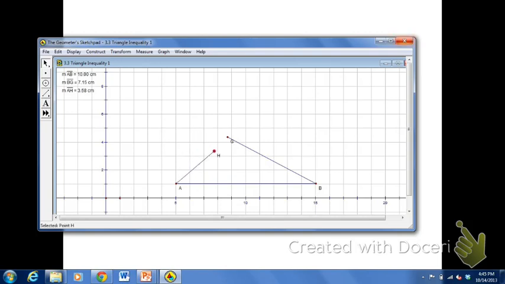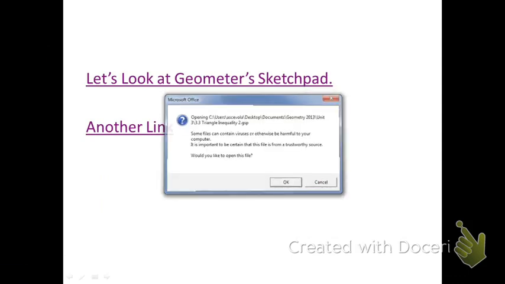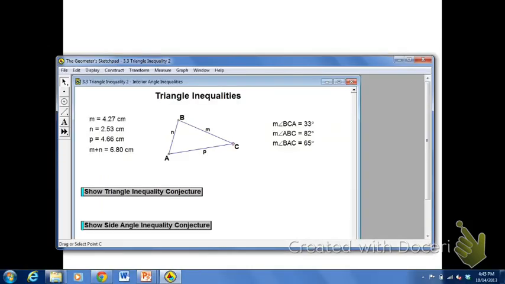Alright, let's look at another example of a triangle already made. And I'm going to adjust these sides so that side P is always the longest. If you notice, we have the measures on the left here, and it also has the sum of the two smallest legs.